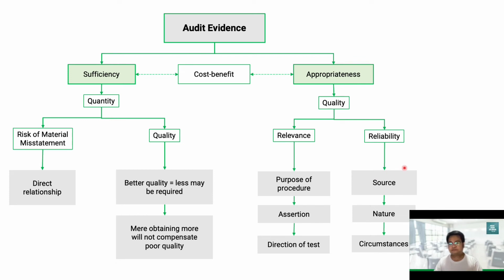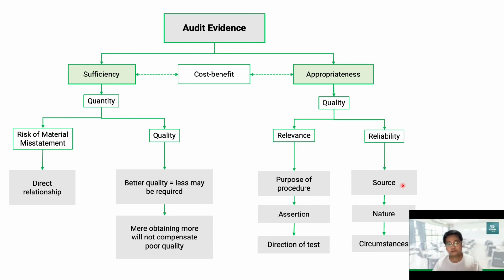So, for example, you are obtaining evidence about the outcome of litigation. It would be considered higher quality if the one who will tell you would be someone who is knowledgeable about legal aspects of the item that you are asking, because you are asking about the outcome of litigation or a case. So if the information came from a lawyer, that would be considered more reliable compared to information that came from a non-lawyer source.